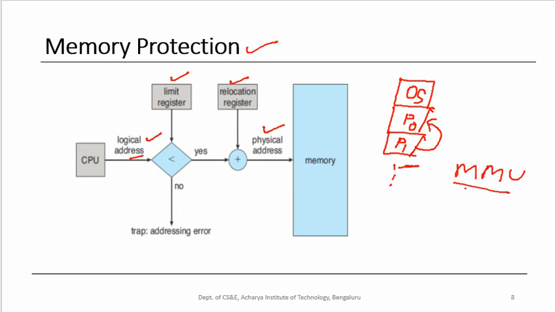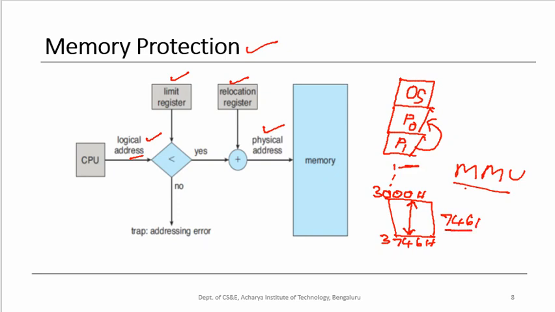Now we have discussed memory protection in brief. Now suppose a process starts at an address, let's say 3000H, and ends at an address 3746H. It means that this process uses 746 memory locations.